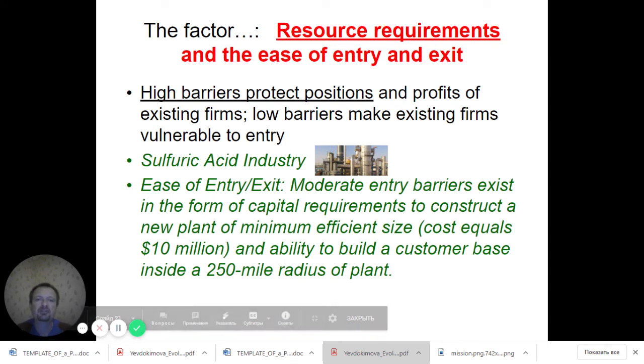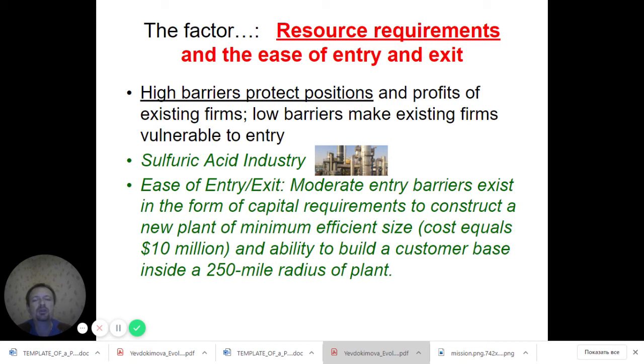The next characteristic is resource requirements. Within this point, you have to answer to the question: how much does it cost to launch the business you are describing?